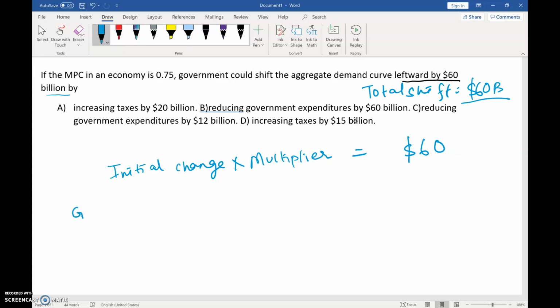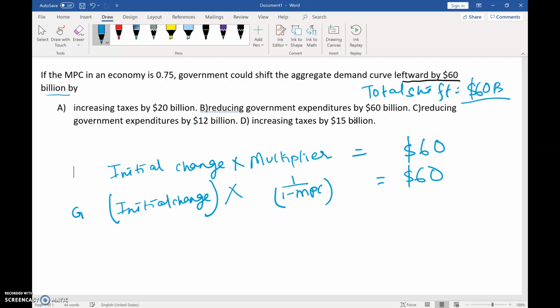Now if I use the government expenditure multiplier here, the formula is 1 over 1 minus MPC, and I need the initial change here. I'm just going to write down initial change again times this multiplier equal to 60. This happens if the government is going to be reducing government expenses.